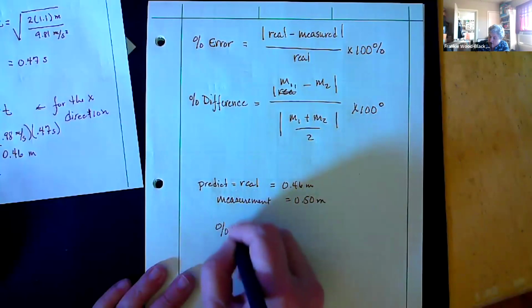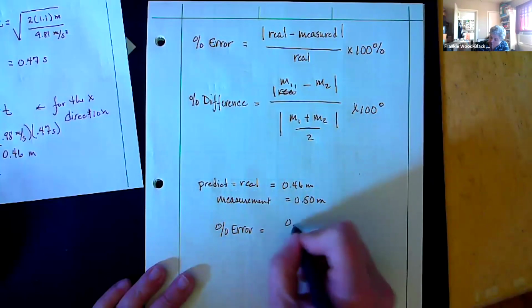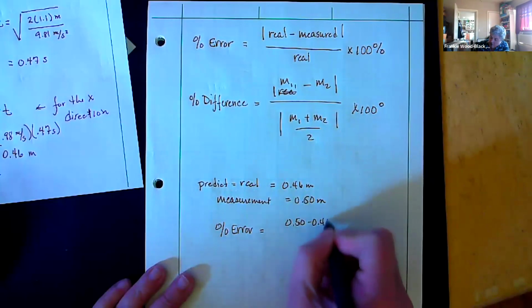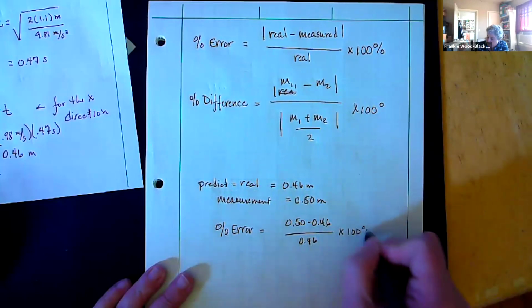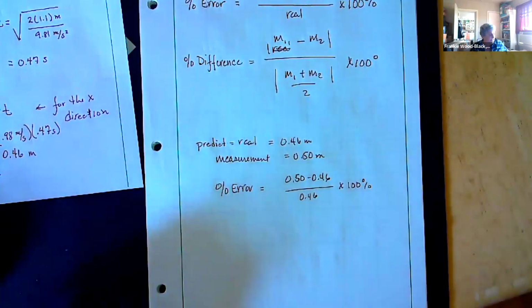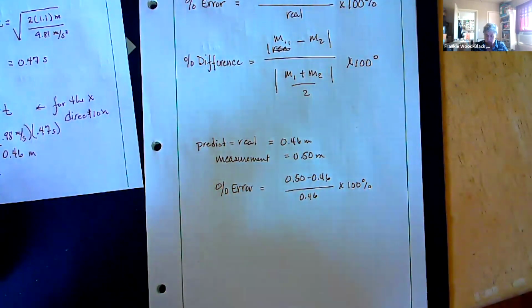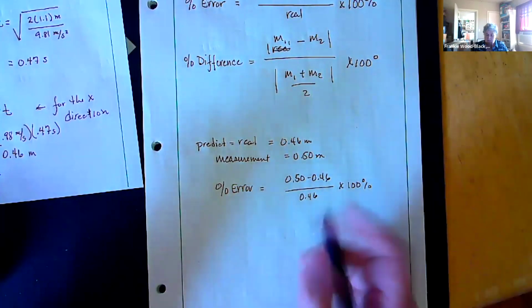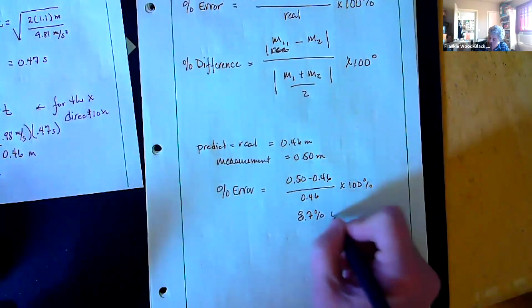So my percent error for this experiment is going to equal 0.50 minus 0.46 divided by 0.46 times 100%. And I end up with 8.7% error.